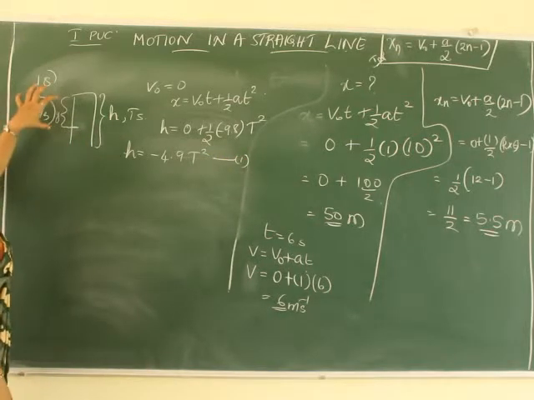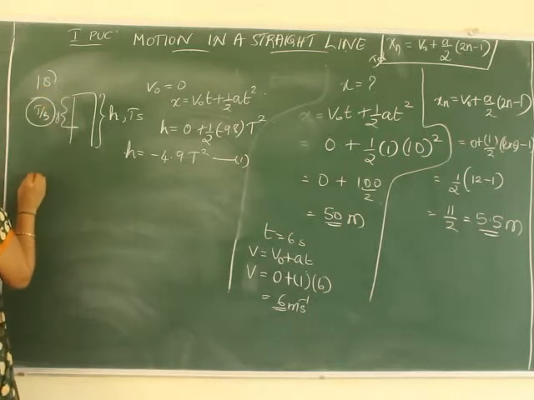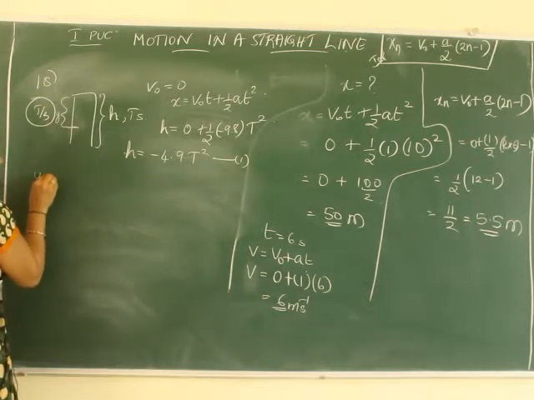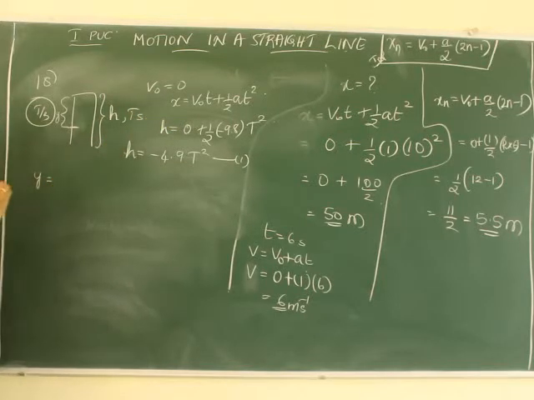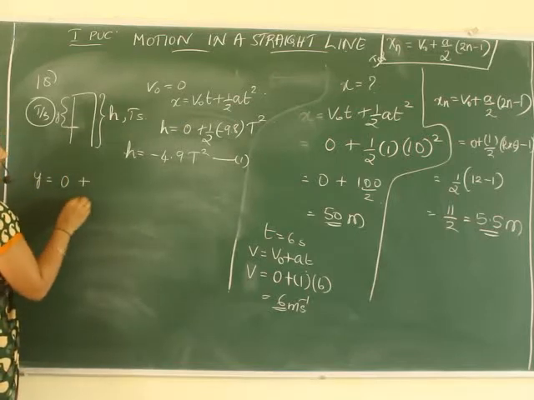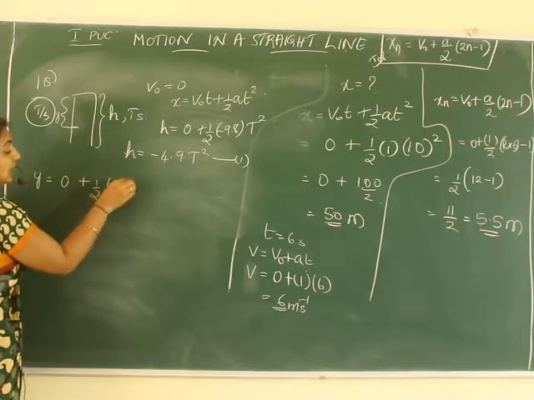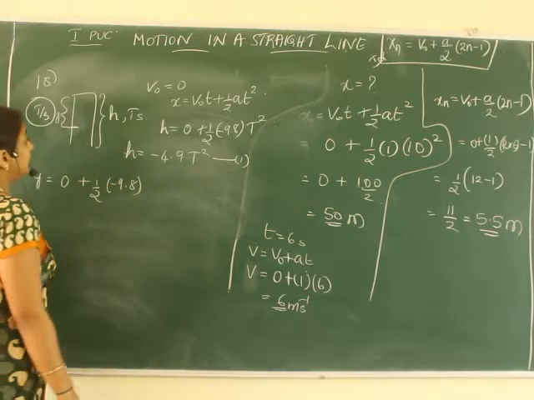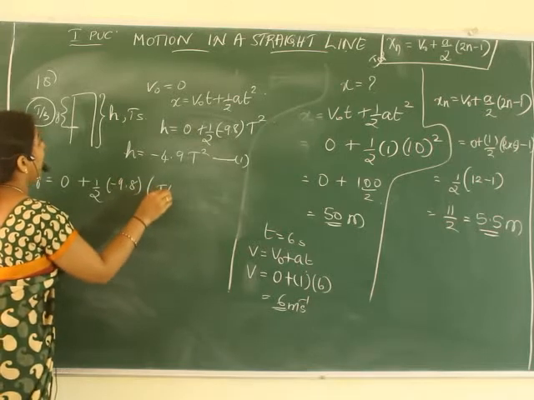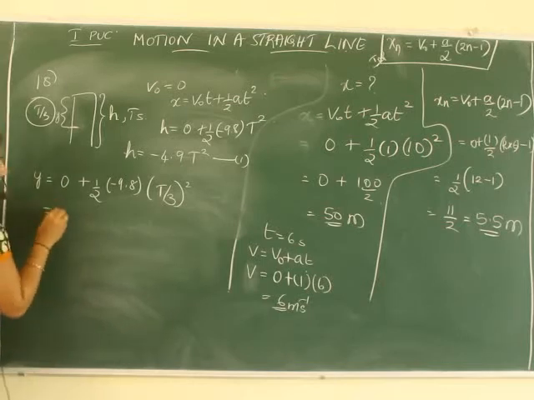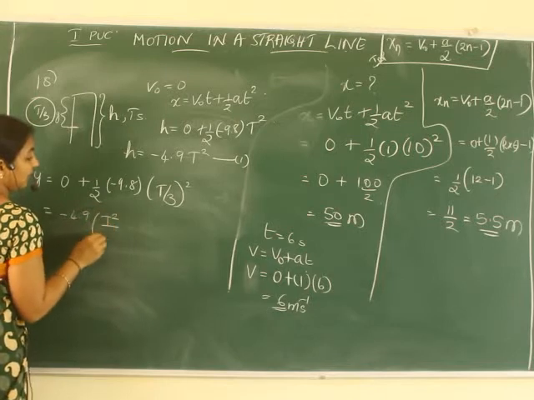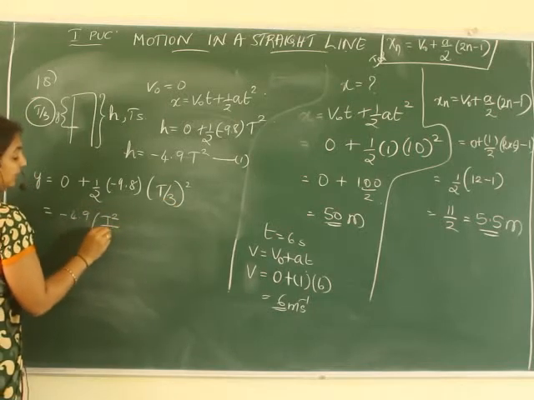For the second, to calculate, let that height be y. Y is equal to, use the same formula. What is our initial velocity? 0, plus half minus 9.8 times t by 3 square, that is minus 4.9 t square divided by 9.